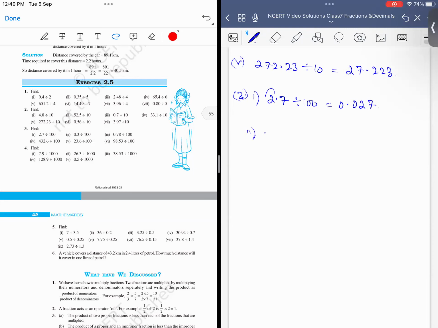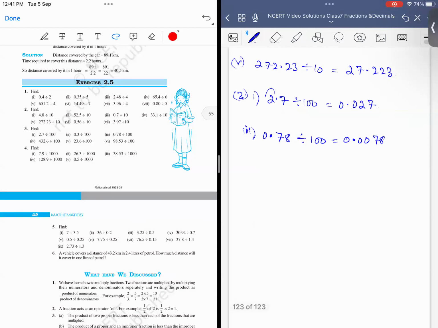Next question, 0.78. Third question I'm doing, because the second question is the same. 0.78 divided by 100. See here, there is no whole part, but still the decimal has to go two places towards left, so we have to include two zeros, 0.0078.